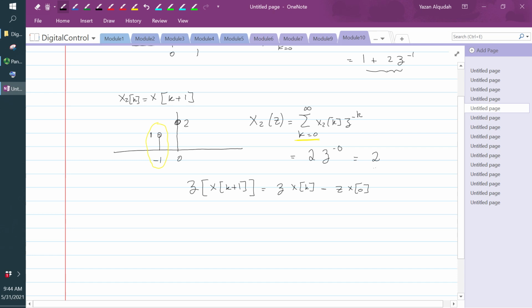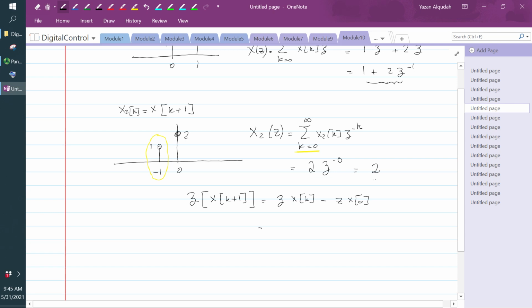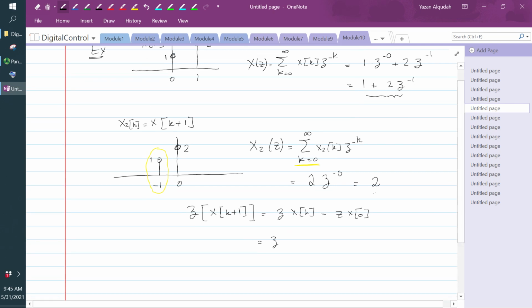So therefore, if I want to calculate x2, which is x of k plus 1, using the definition. But if I use this property, what is this going to equal to? It's going to equal z multiplied by x of z. Sorry, this is x of z. What is x of z?